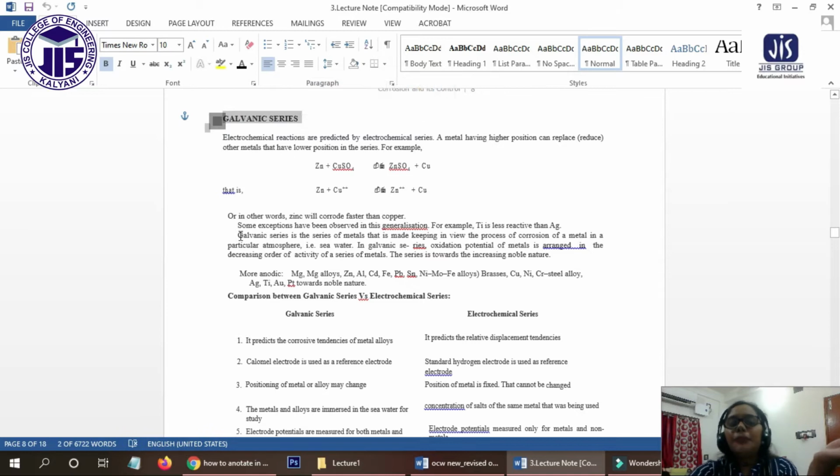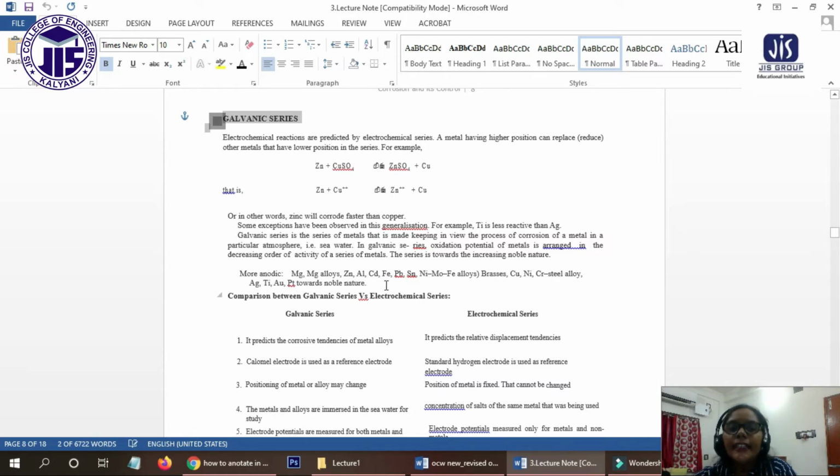In the galvanic series, the metals are arranged according to their oxidation potential. That means higher in the galvanic series means higher oxidation potential. Some of the metals are magnesium alloys, then zinc, aluminium, cadmium, iron, lead, tin.